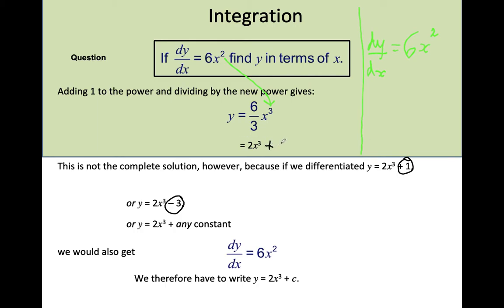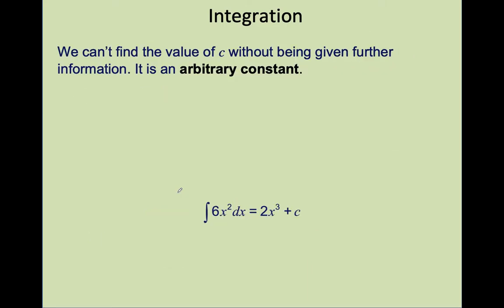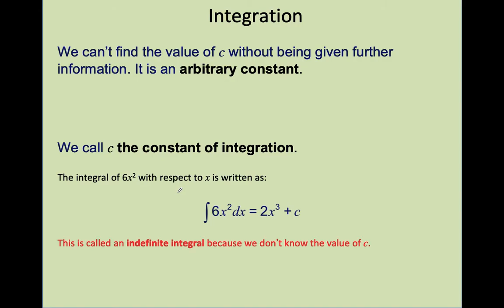So whenever you integrate, if you don't understand this process here, just remember you need to add c to your answer. So this is our overall answer, 2x cubed plus c. If you'd like to pause the video, you can have a look at the extra information here.